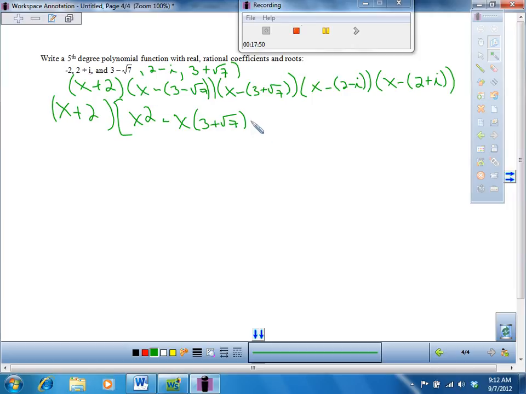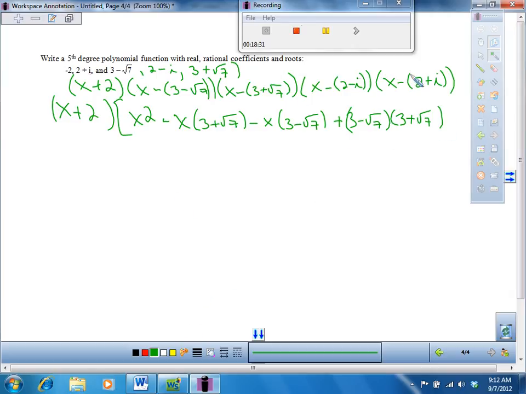The 2 inner terms give you minus x times what? 3 minus root of 7, right? See where I got that from? And the 2 last terms are this times this, which is plus 3 minus root of 7 times 3 plus root of 7. Yes? See what I did? Okay?